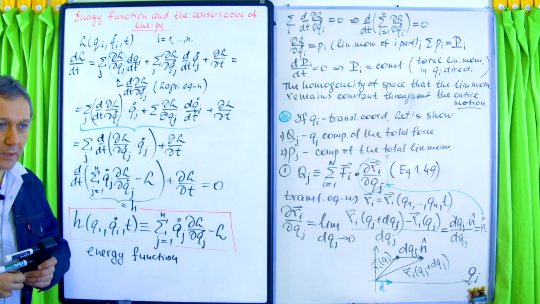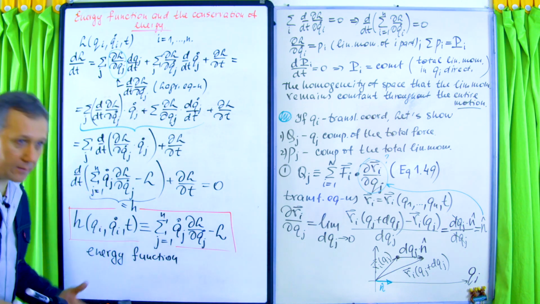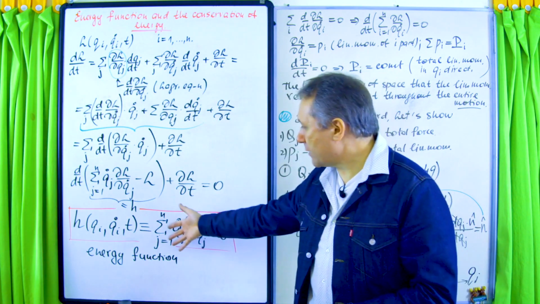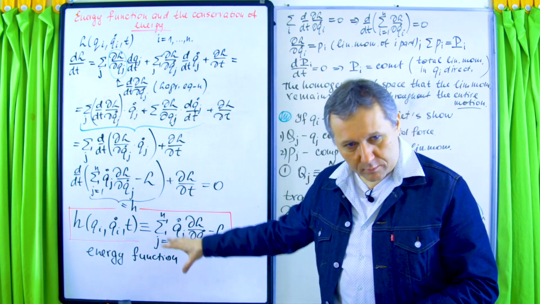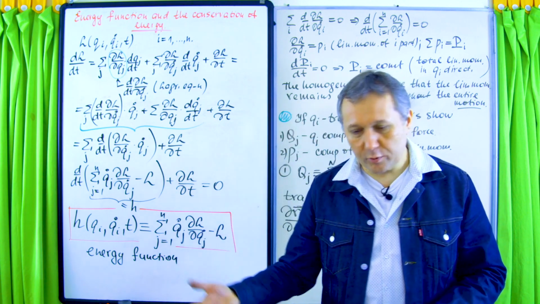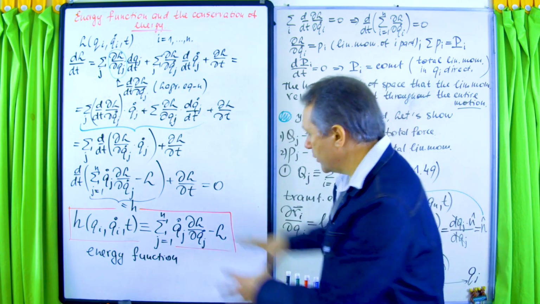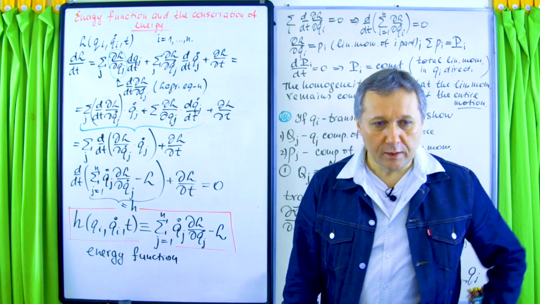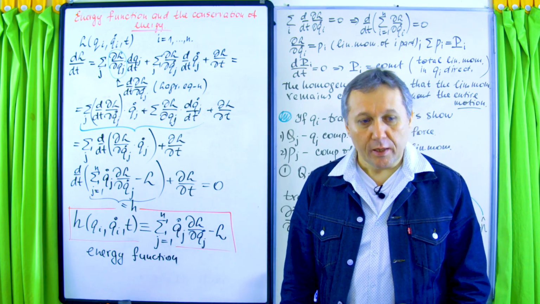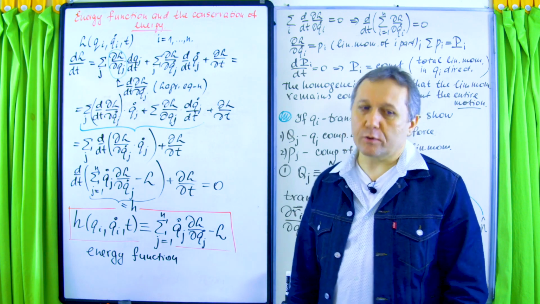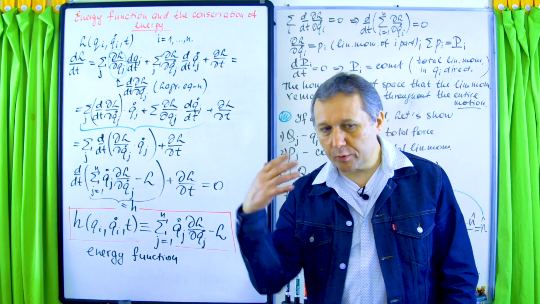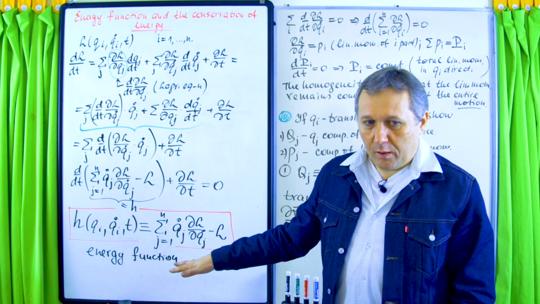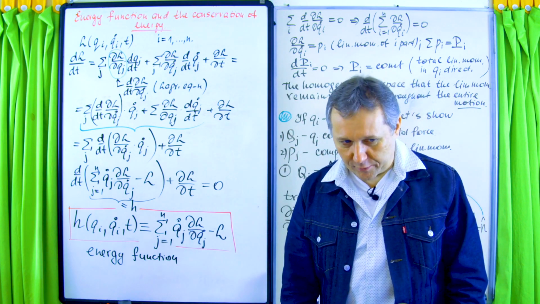Energy function. Again, it's not energy yet. Again, right now it looks like some kind of mess. So, okay, it looks like on Thursday, because on Tuesday we're not going to have a class, we're going to look at that carefully to see under which conditions we can get energy. And also maybe in a month or so, when we go to Hamiltonian, a very similar structure will be used to define the Hamiltonian function.